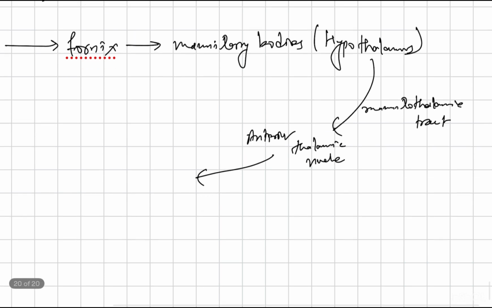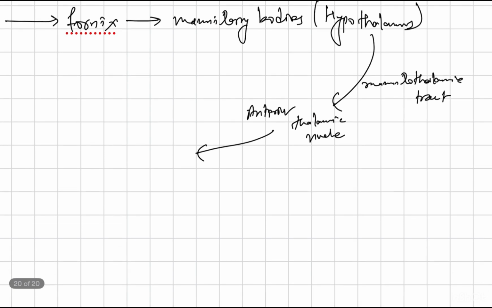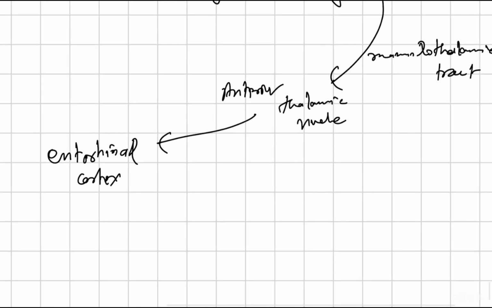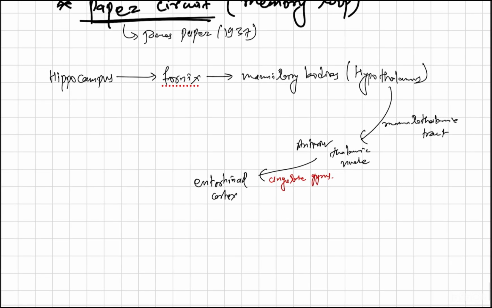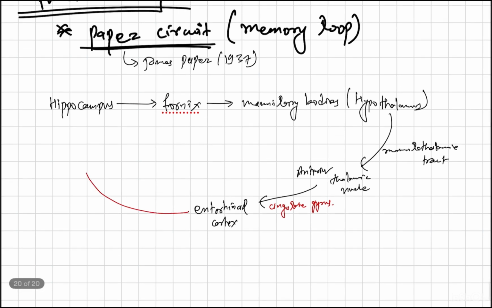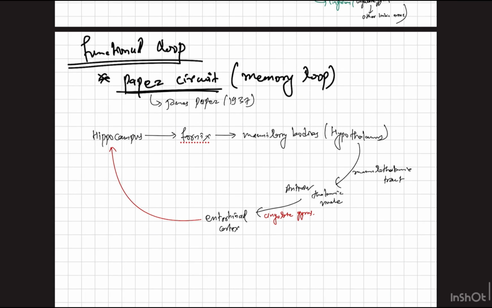Through the cingulate gyrus, it's connected to the entorhinal cortex. After this cingulate gyrus, it goes back to the hippocampus. So this plays a key role in the consolidation of memory and emotional experience.